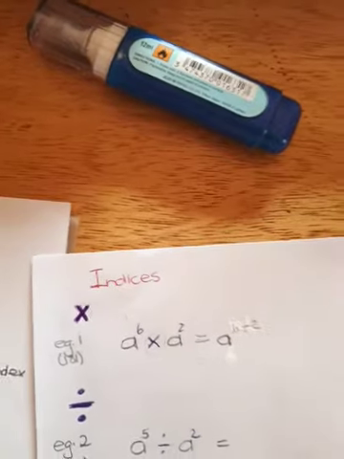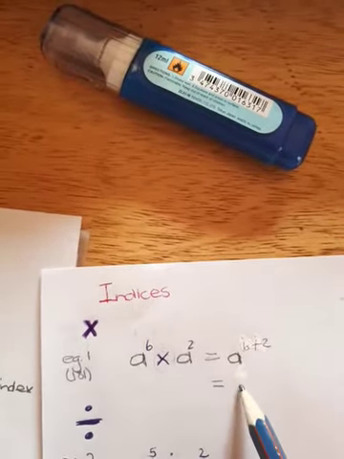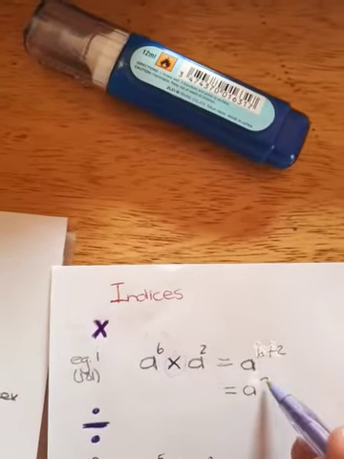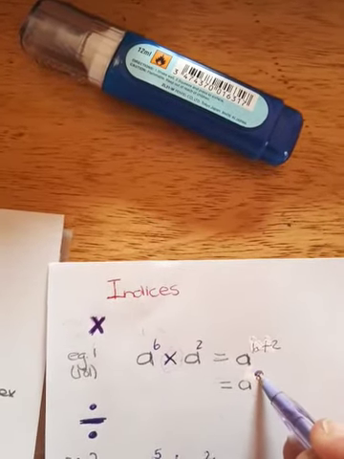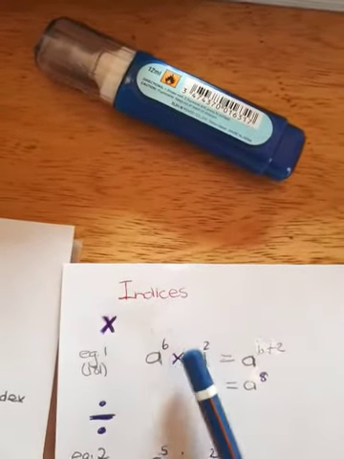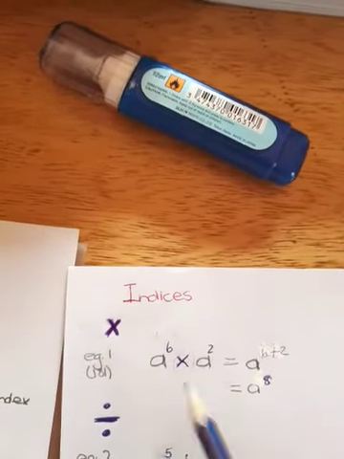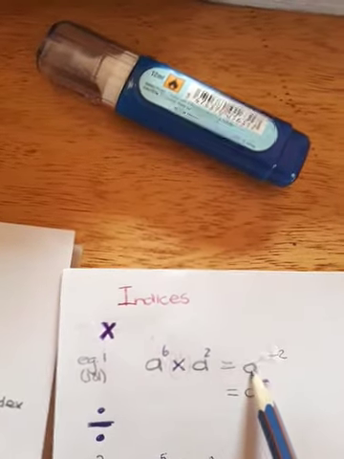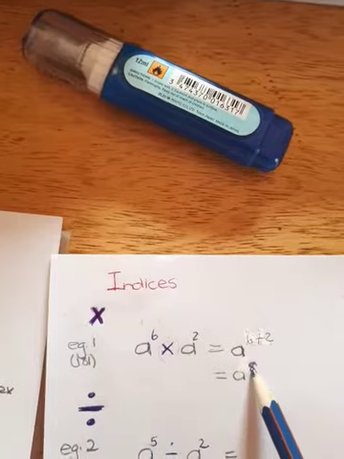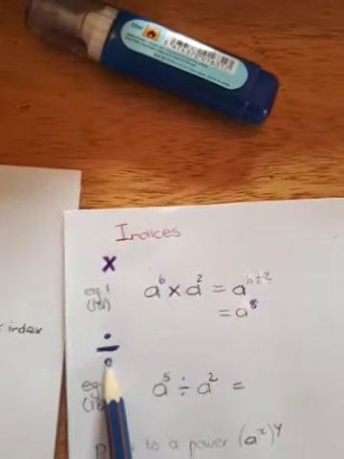And that will give us an answer of A to the power of 8. Okay, that's the multiplication law. When we multiply powers with the same base, we add the index, which gives me A to the power of 8.